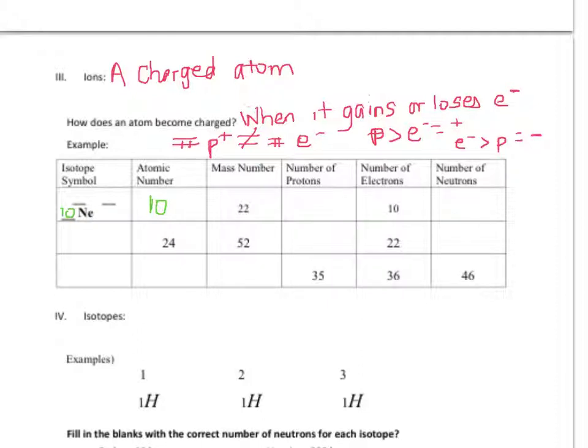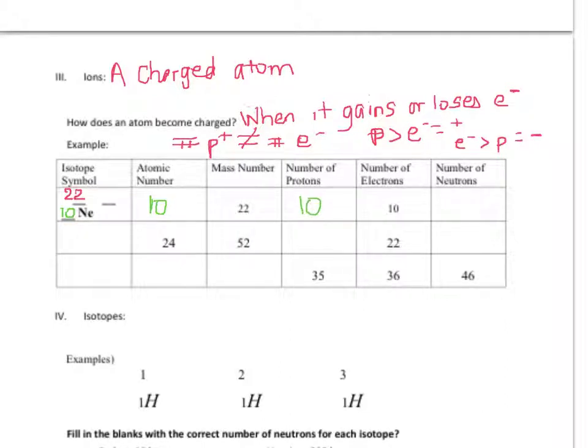We're already given the mass number, so we're going to fill this in right here. That is 22. The number of protons would be the same as the atomic number, so that gives us 10.